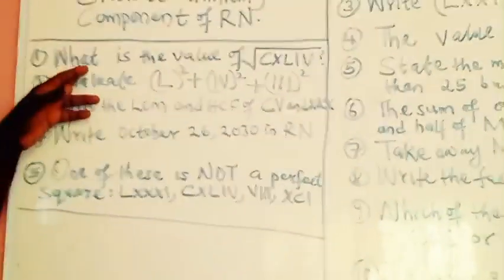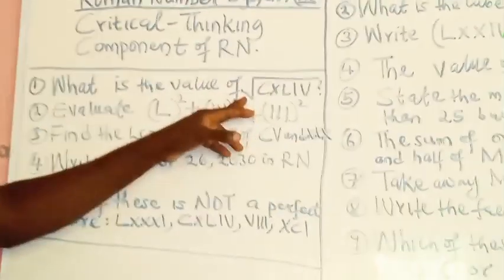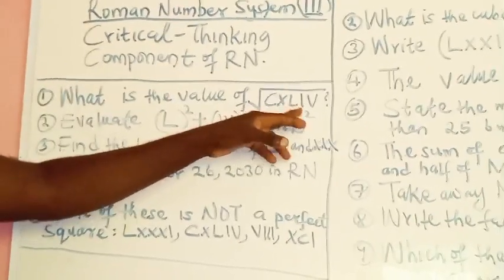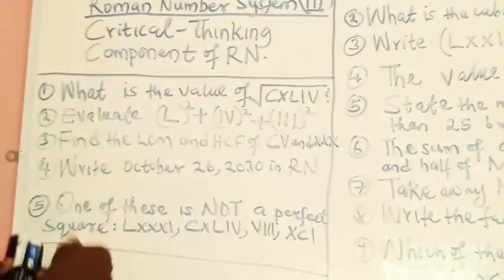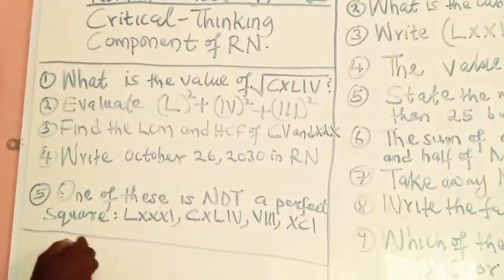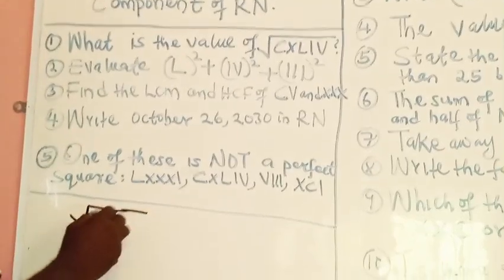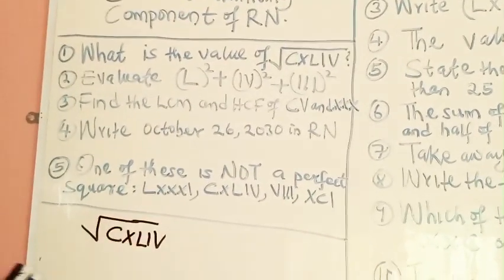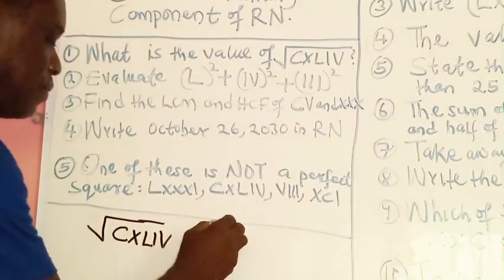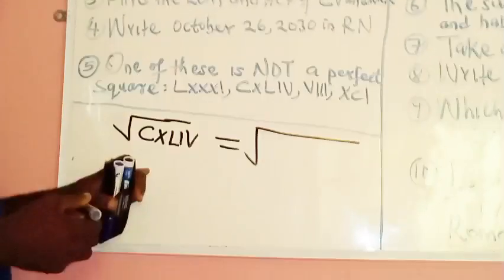Look at question number 1. What is the value of the square root of CXLIV? You have to convert the number to Hindu Arabic first for us to really know what number we are dealing with.